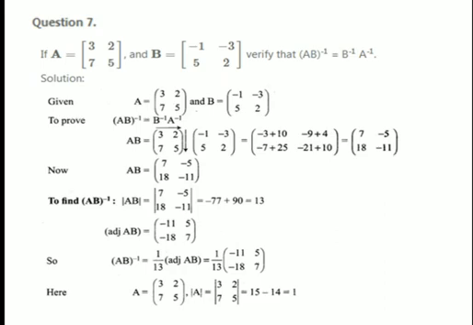After that A modulus you are going to find out, 1. Adjoint of A, you change the position of the 5 and 3 and multiply the minus sign for 7 and 2. A inverse equal to 1 by A modulus adjoint of A equal to, you get the answer. In the same way you find out the B modulus.